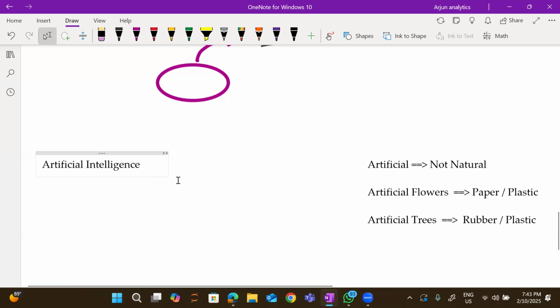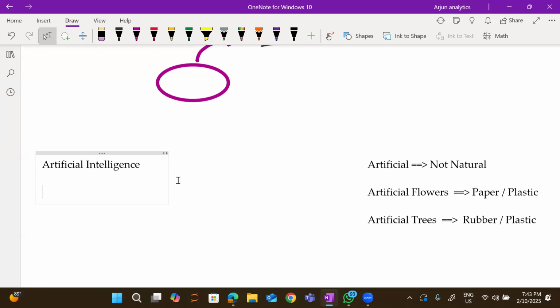Now, when I say artificial intelligence, it means the intelligence which is created artificially. Now, I am asking a simple example. What is natural intelligence? Who are naturally intelligent? What will be the answer from your end? Human brain. Yeah, perfect.